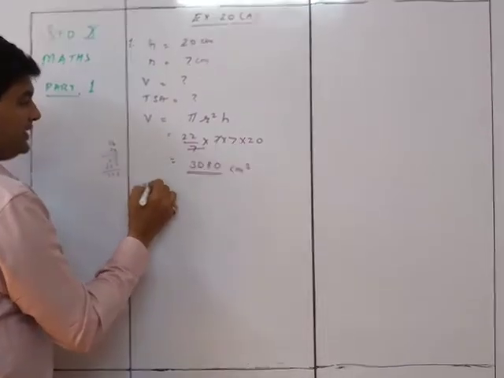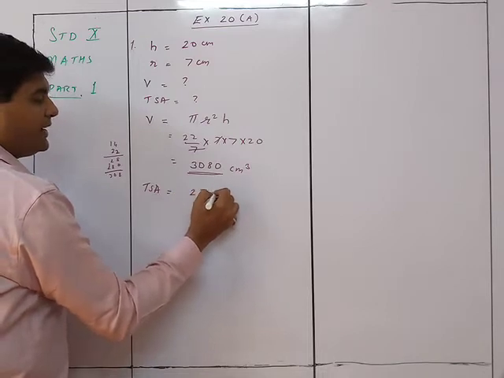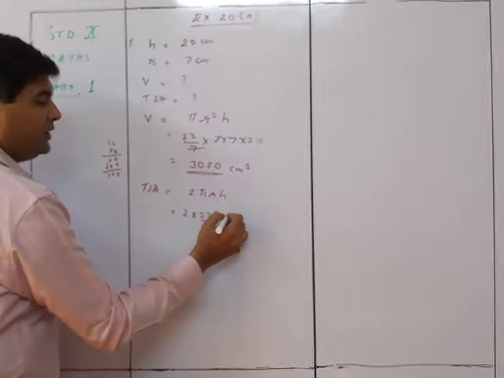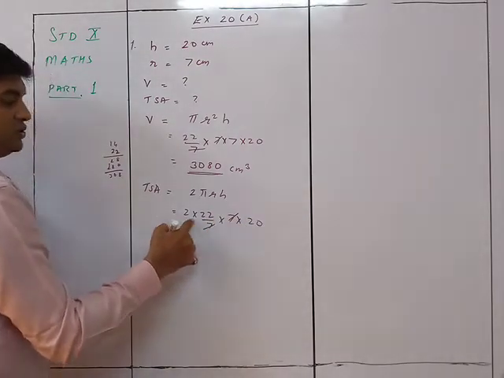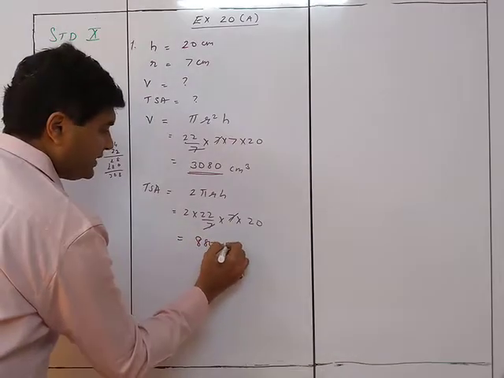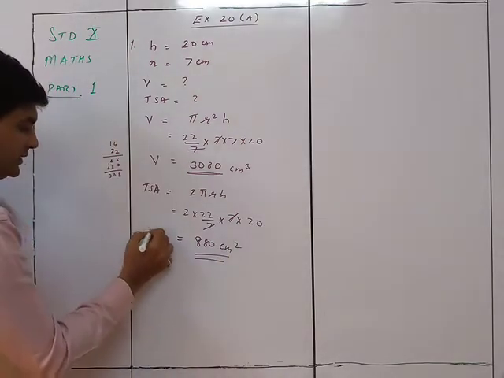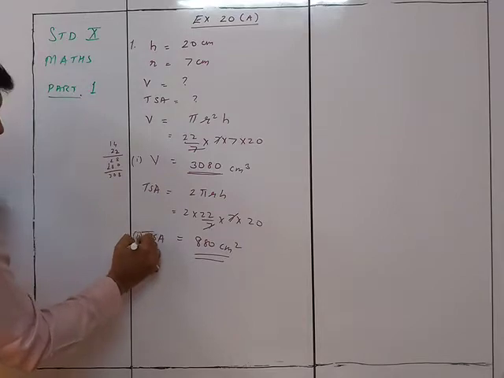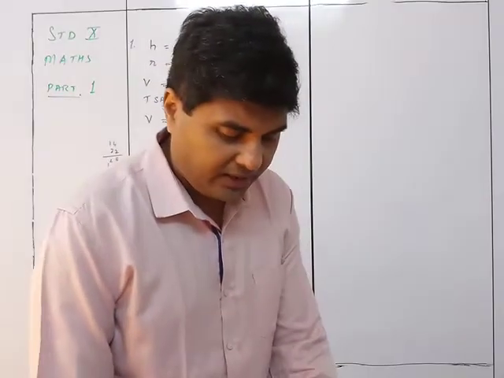The next will be TSA. Now TSA is 2 pi r h. That will be 2 into 22 upon 7 into 7 into height 20. 7 cancels. That's 44 into 2, 88. So 880 centimeter square is TSA. So this is the volume and this is the total surface area of the given cylinder. That was sum number 1 of exercise 20A.